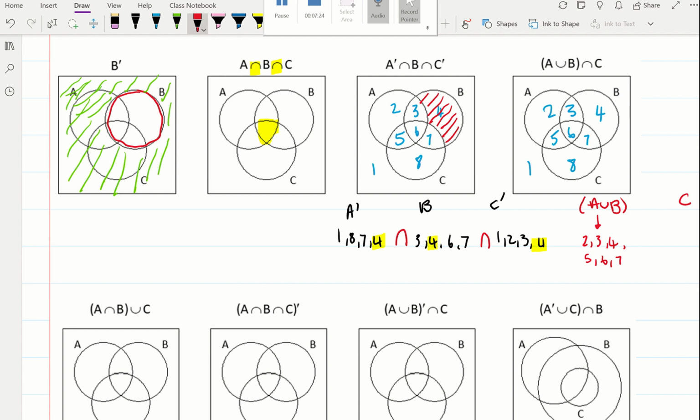I also want C, which is 5 and 6 and 7 and 8. And I want the intersection between those two things, what the two lists have in common. They do have 5, 6, and 7 in common, so that's what I'm going to shade.